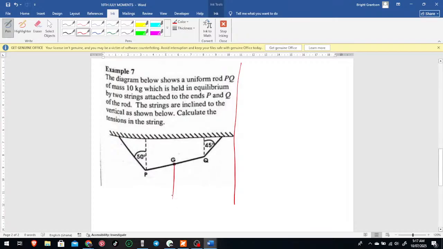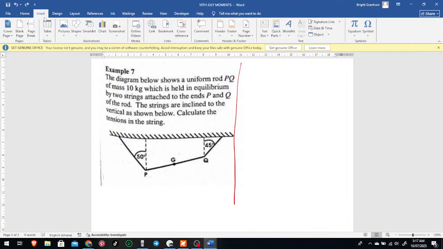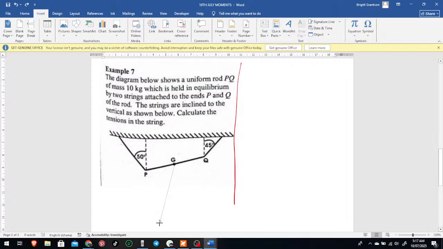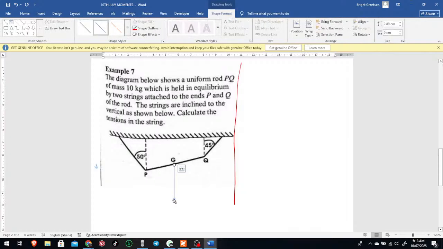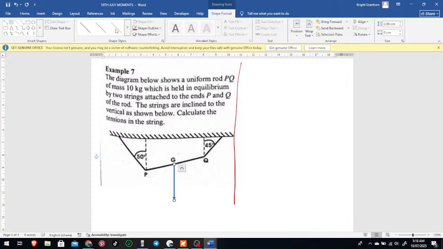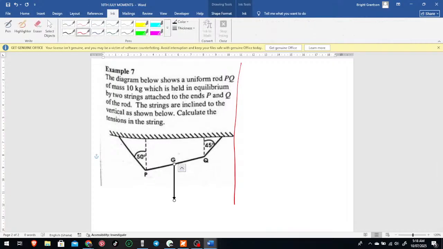This one acts vertically downwards. The diagram we're drawing is straight. Now, this is T1, T2.